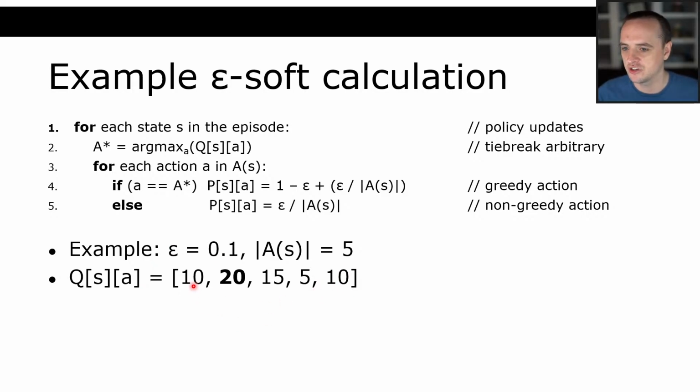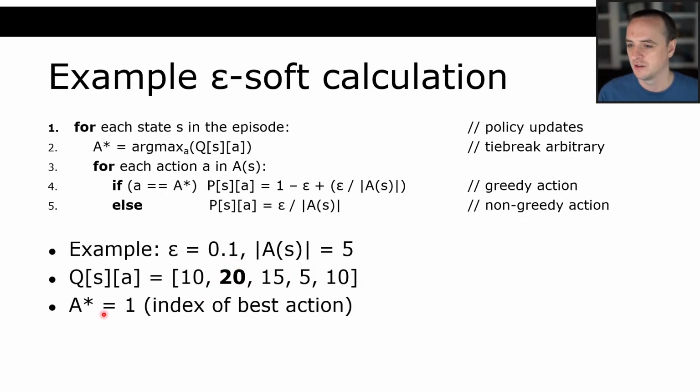So the first action, whatever it is, has value 10. The second one is 20. Third is 15. Fourth is 5. And the fifth is 10. So we can see here that we have one maximum action, right? And that is action 1. So the index of the best action is 1. That's what A star is going to be.